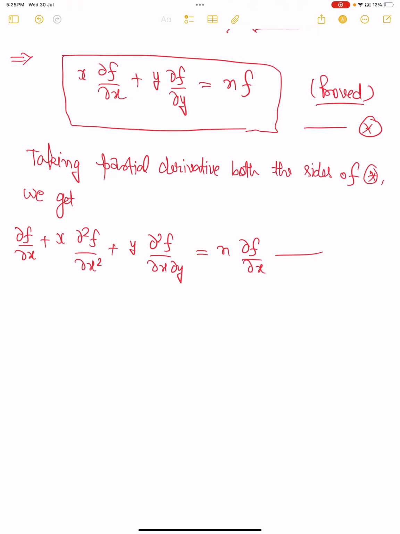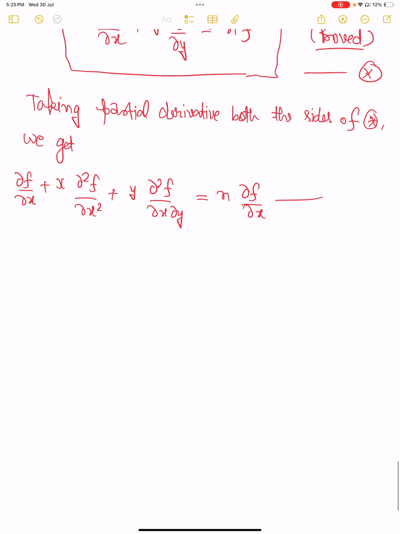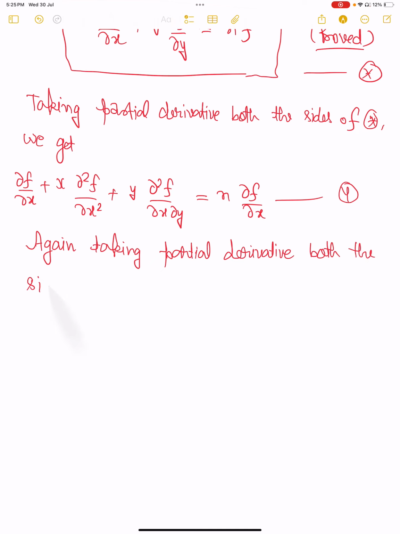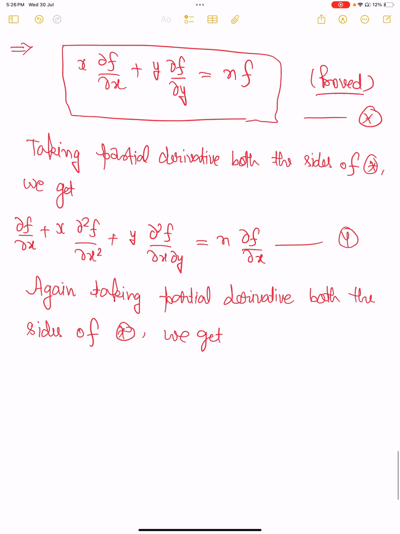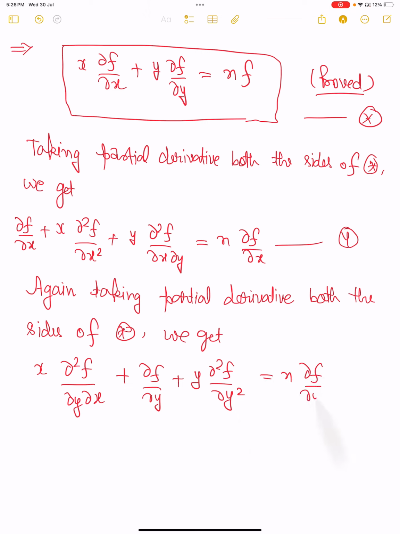Let's say this equation is 4. Again, taking partial derivative with respect to y on both sides of star, with x constant, we get x del 2f del y del x plus y del 2f del y square plus del f del y equals n times del f del y. That's it. It's 5.